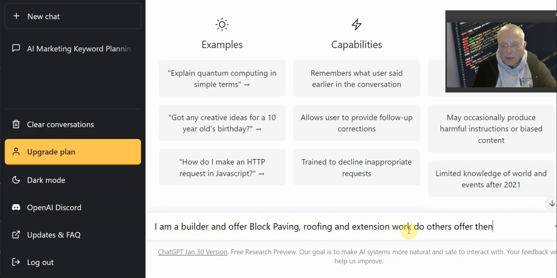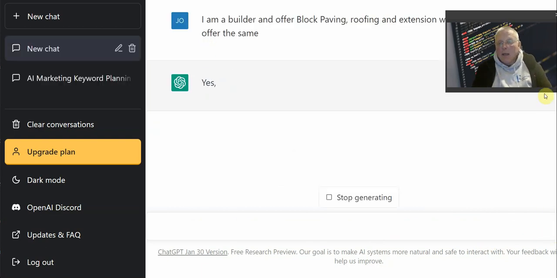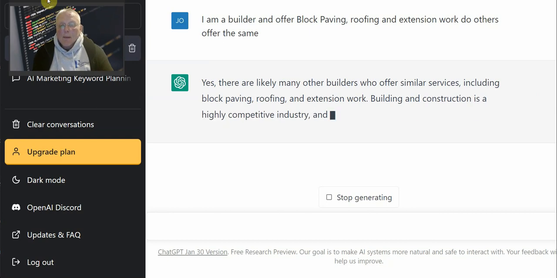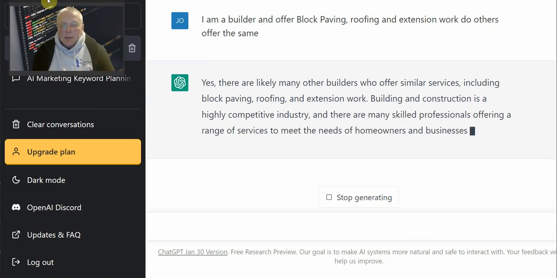Offer the same. So we're just doing a search on this to see what AI will say about that.